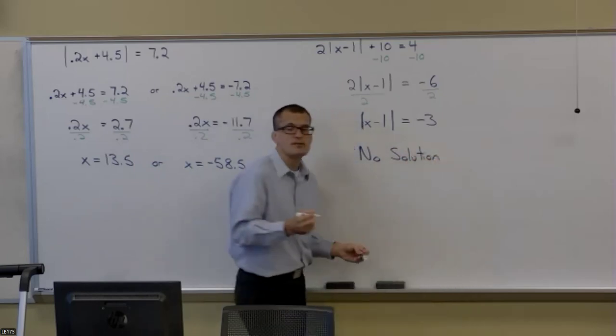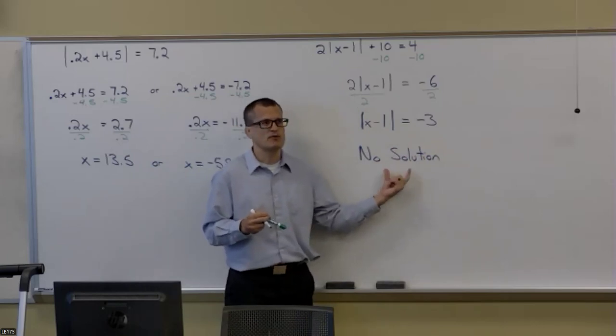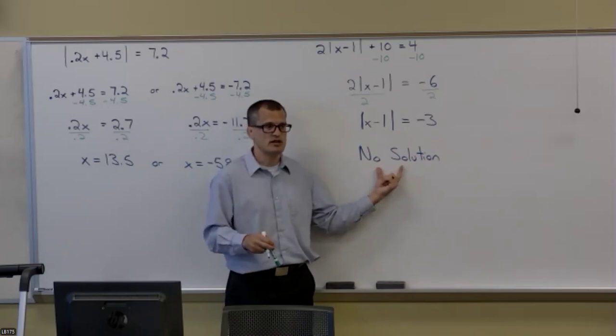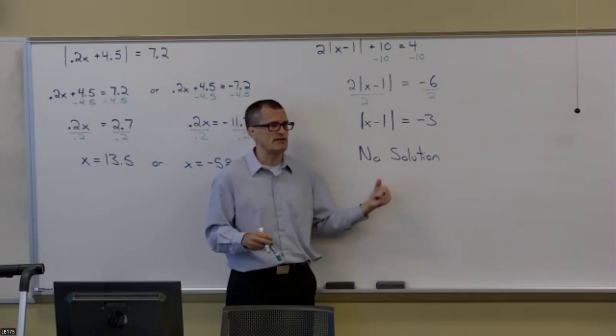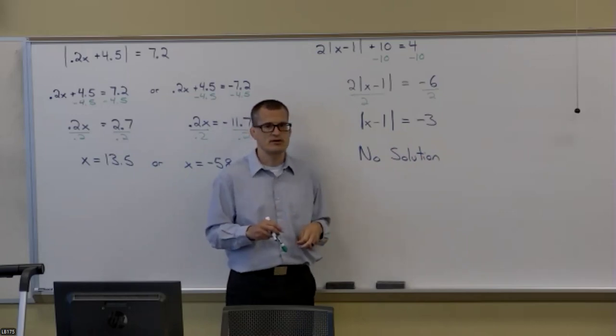On the homework, if you run into something like this, I can't recall if they asked in this section for just writing NS for no solution or DNE for does not exist. But you'll have to write one of those 2 options in the blanks.